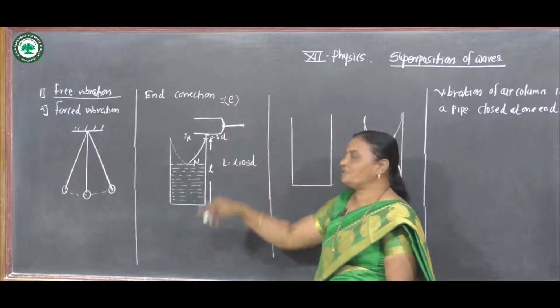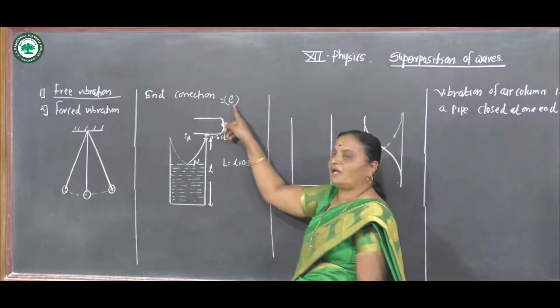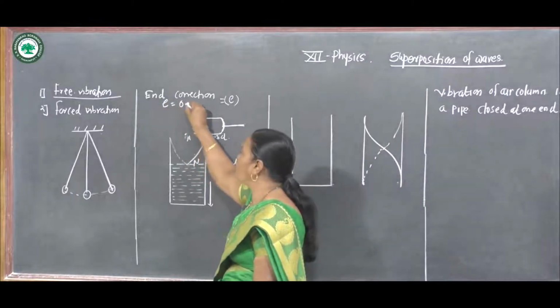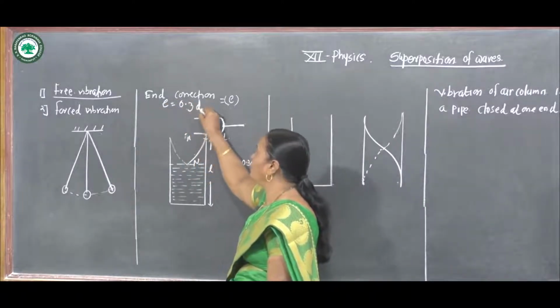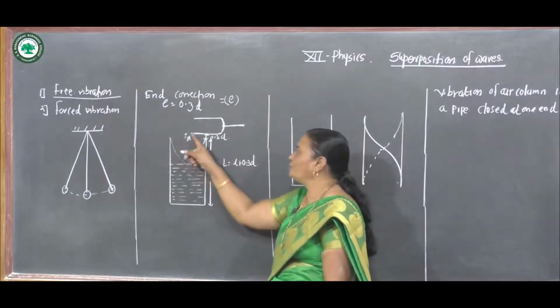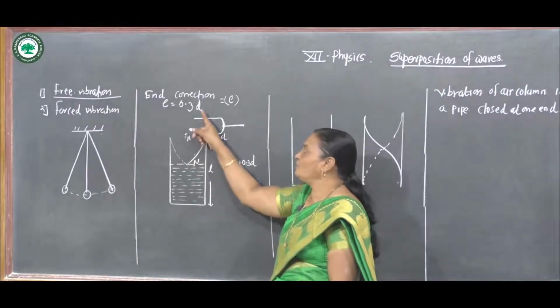This end correction is represented by E and end correction is given by 0.3D, where D is the inner diameter of the tube.